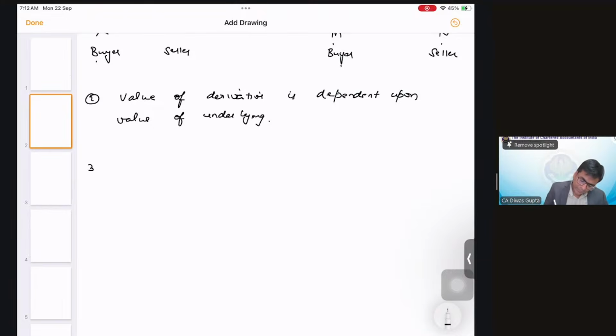Third, now any contract, if you see, apart from having parties to the contract, it also needs to have a validity, right? For example, it is valid for 1 year, 1 month, 2 months, 3 months, 6 months. So it needs to have a fixed tenure.